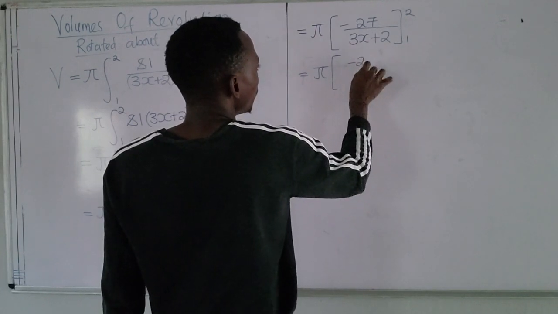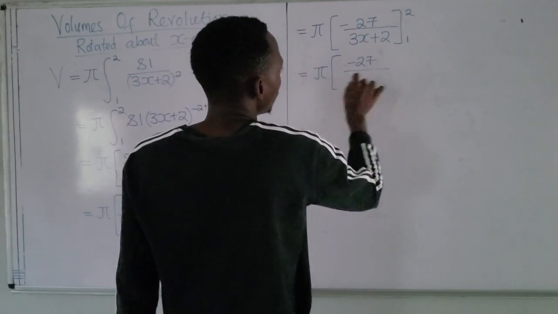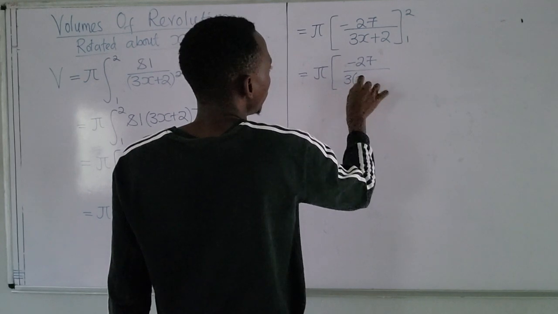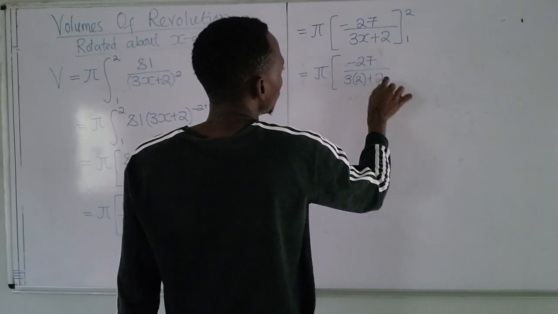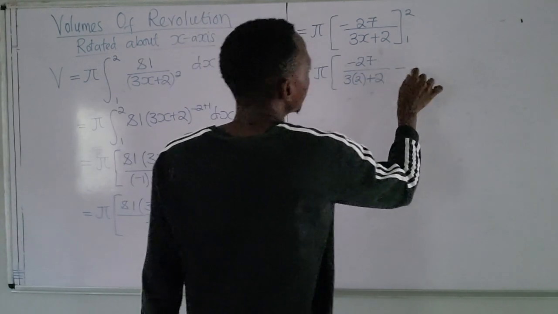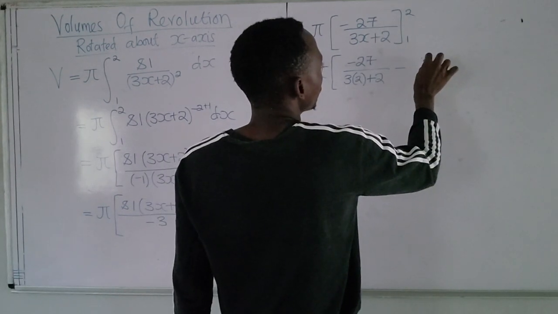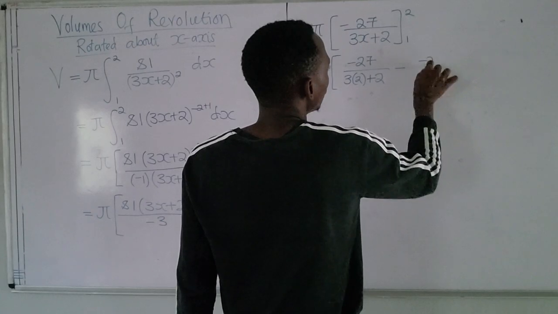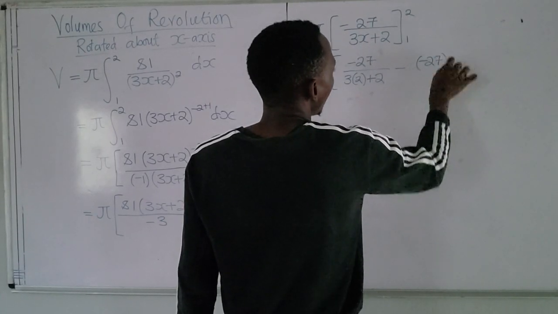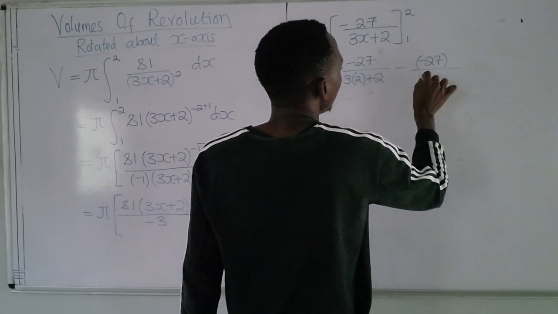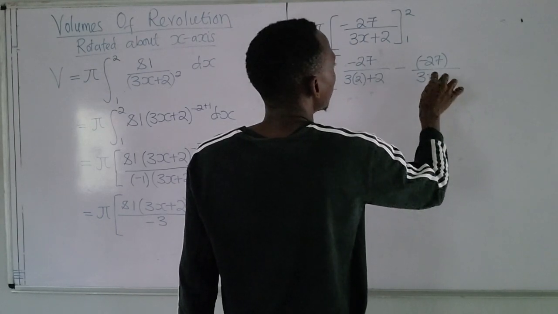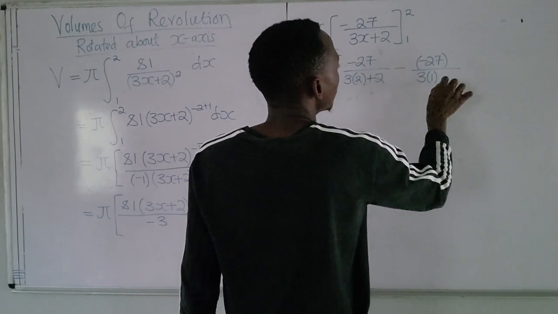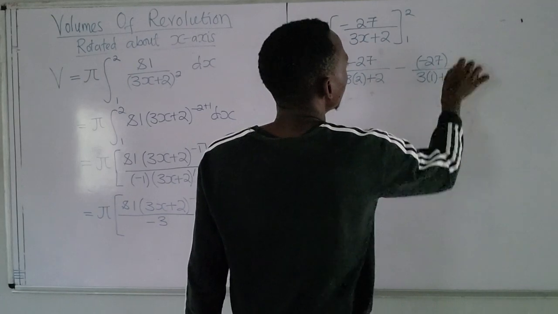So here we are going to have negative 27 divided by 3 multiplied by 2 plus 2, minus negative 27 divided by 3 multiplied by 1 plus 2.